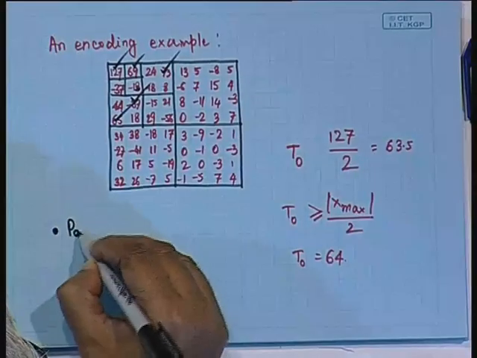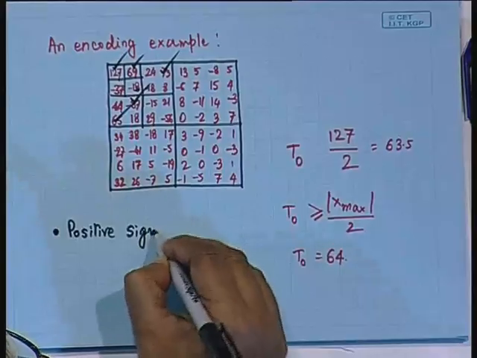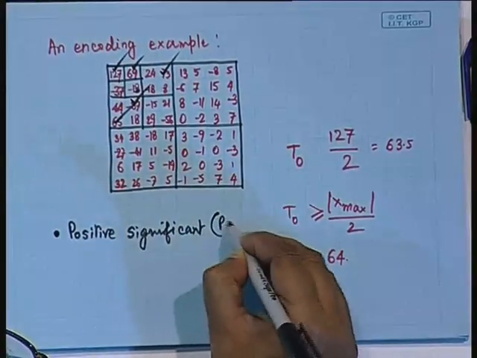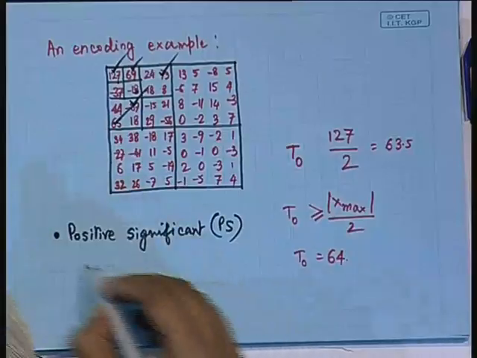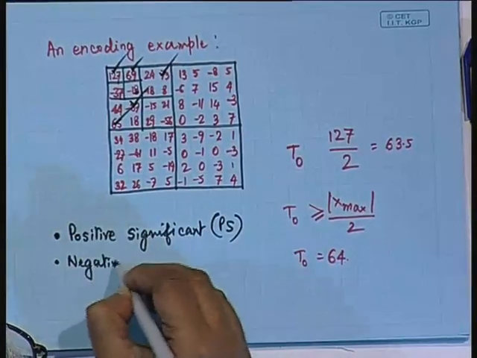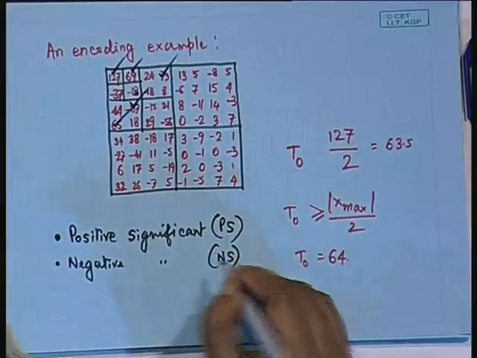It could be positive significant, let us say PS. Then coefficients could have negative significance. So, this could be negative significant, NS.